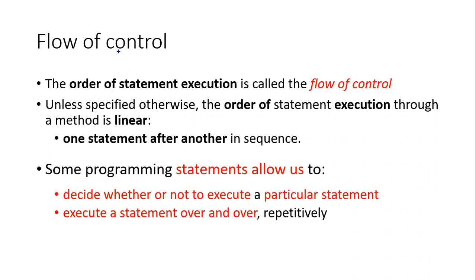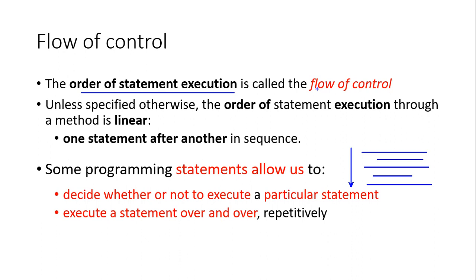In order to understand that, let us first learn the basics. The order of execution, that is the way in which the program code gets executed, is usually, as I've already told you, in a sequence. This is called the flow of control.